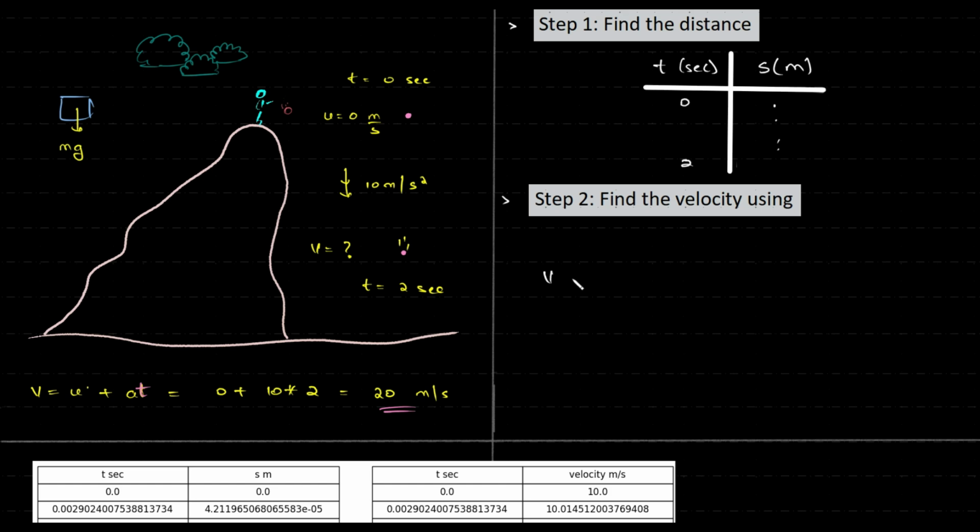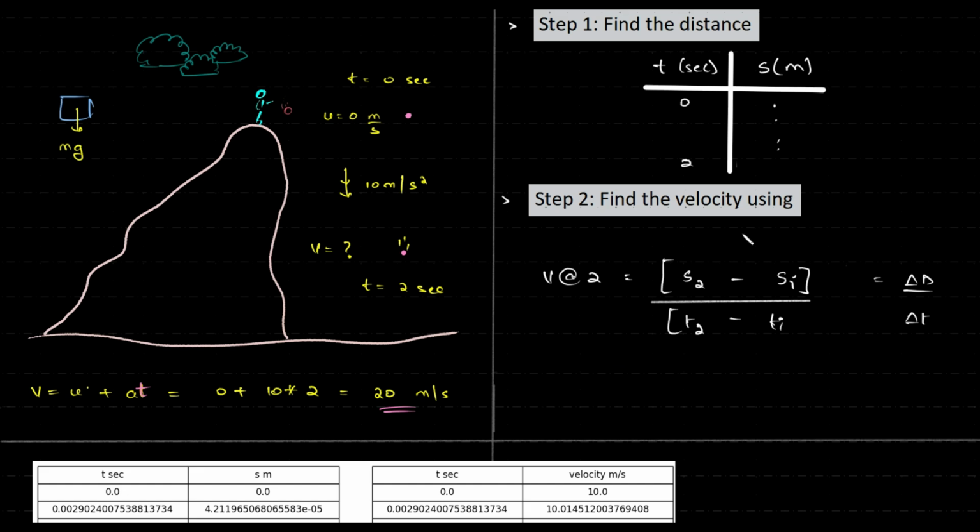So first thing is we are looking at velocity at 2 seconds, right? We're going to make use of the formula change in distance by change in time. That's nothing but velocity, is it not? So what is change in distance? Distance at 2 seconds minus distance at some random second ti, divided by t is equal to 2 minus t is equal to ti.